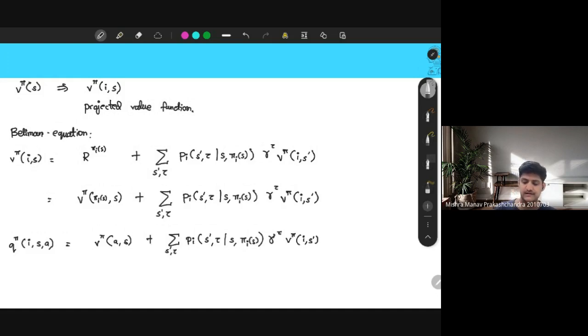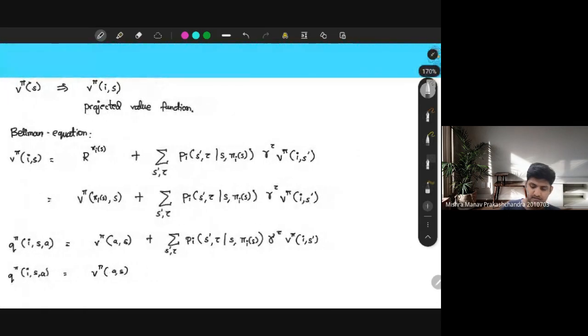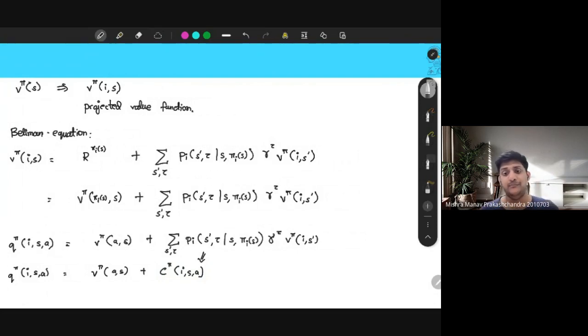Now, we represent this as the following. You can also write this as v pi of a comma s plus, we call this additional term over here c pi of i comma s comma a. So this is the entire second term. This is also known as the completion function.